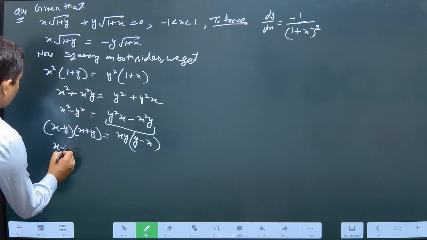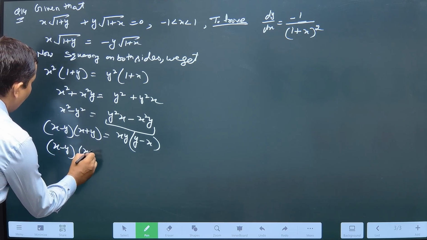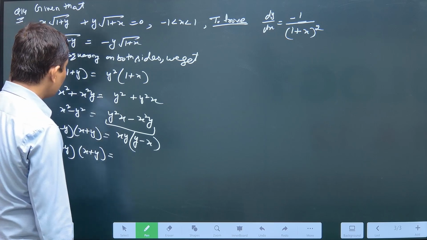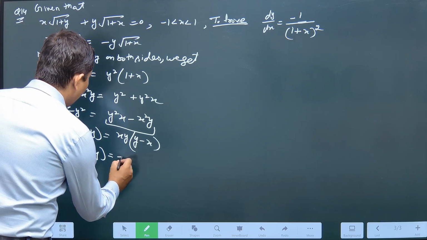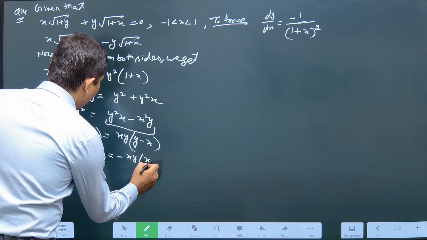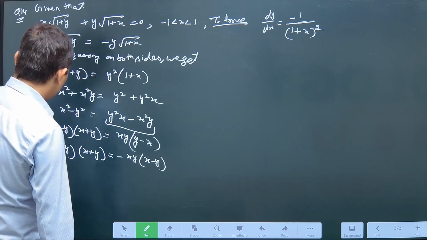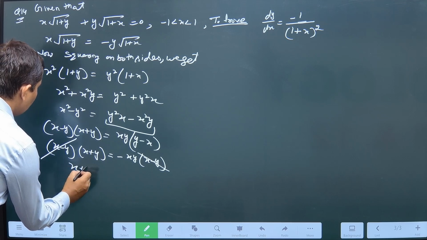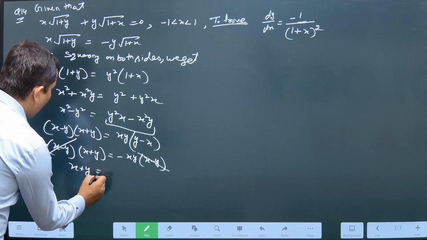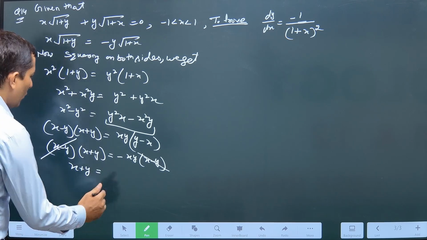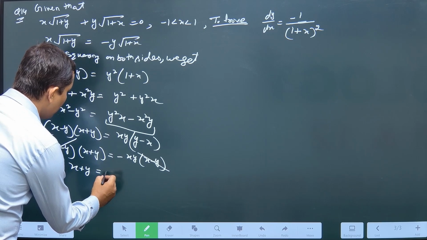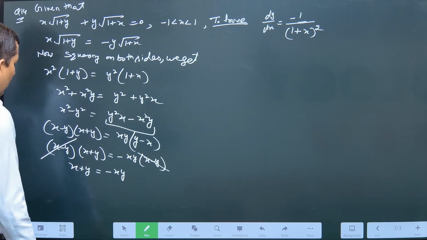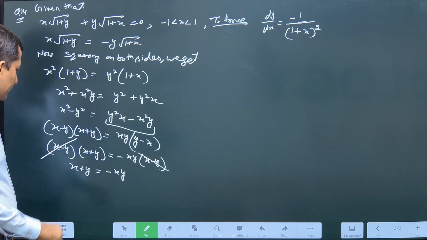Now x minus y and x plus y is equal to minus xy and x minus y. This cancels with this. And x plus y is equal to minus xy. Clear? Okay.